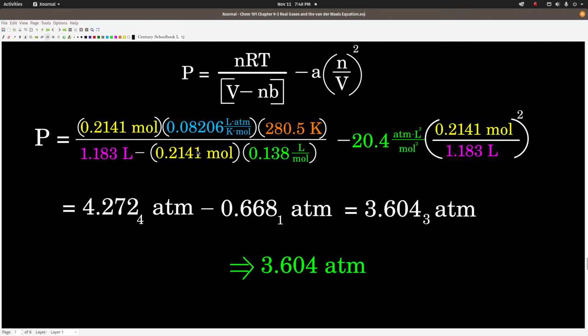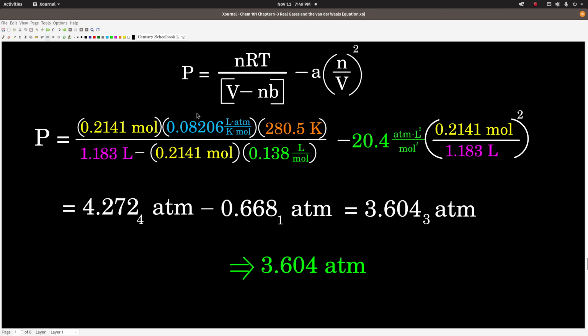Now, if we look at this equation, it gives us some good information, guys. This term right here, the first term on the right-hand side of the equal sign, looks just like we would calculate the pressure for an ideal gas like we just did, nRT over V, except we have this minus NB in the denominator. So that means that the volume that we divide by will always be smaller than the volume we would get from the ideal gas law, meaning that the pressure from this term is going to be higher.